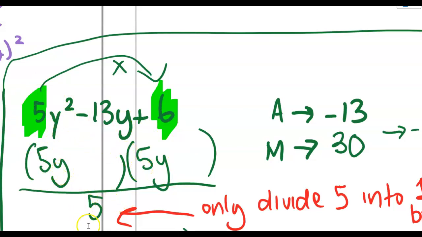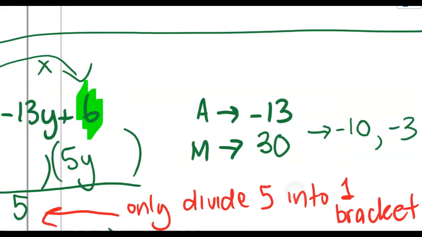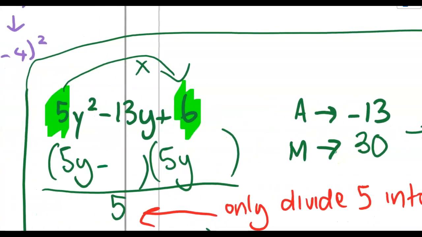But I need to divide by the term that's out the front as well. The reason I need to do that is that if I was to expand this, my first term would be 5 times too big, and I'd get 25y squared. So that's my format that I would pop it in. I said my terms that would add to minus 13 and multiply to 30 were minus 10 and minus 3. So I just get those two and I write them in there.